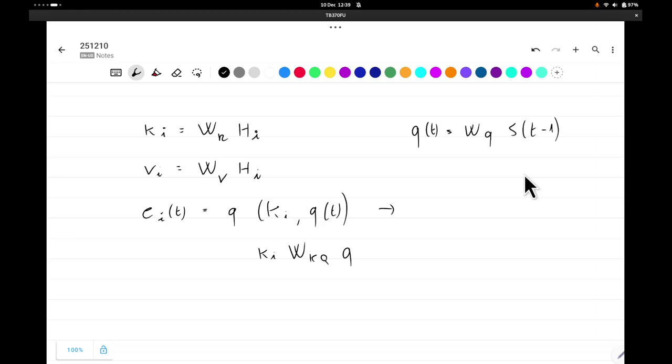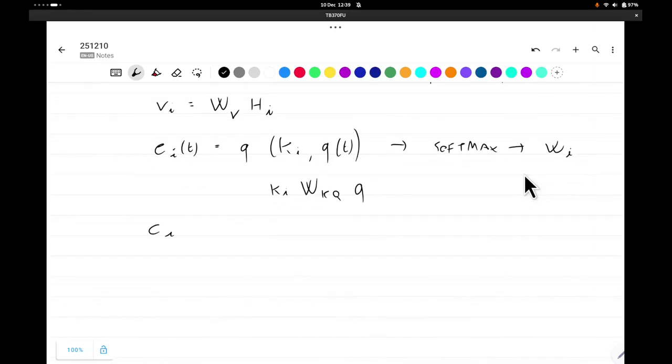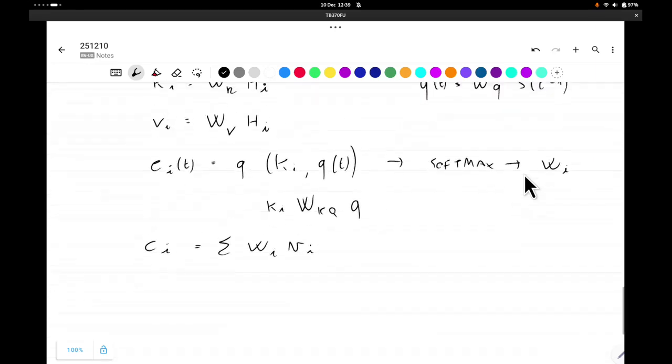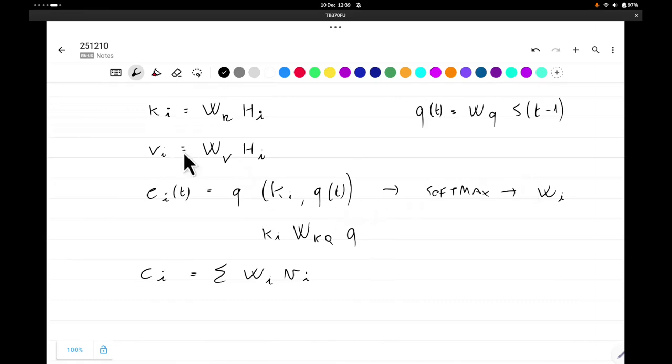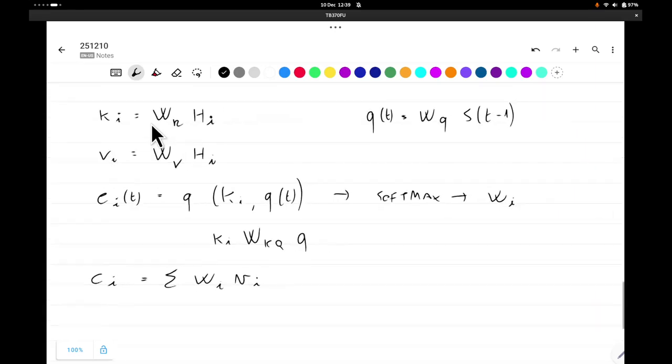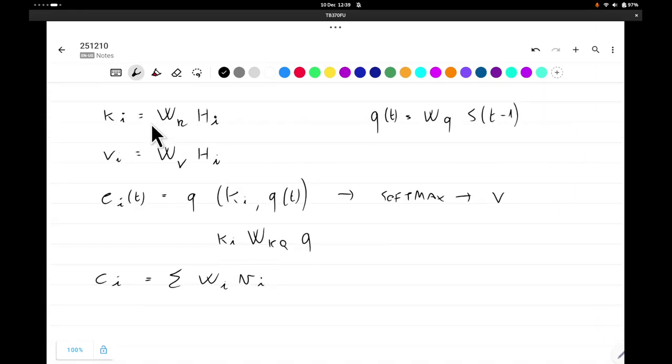And then we do the softmax thing to get the weights that combine, so that we have now a variable context, C_i, that is our weighted average, not of the state function, but of this, okay, these are the V_i. Where is the V_i coming from? No, this is W, yes.